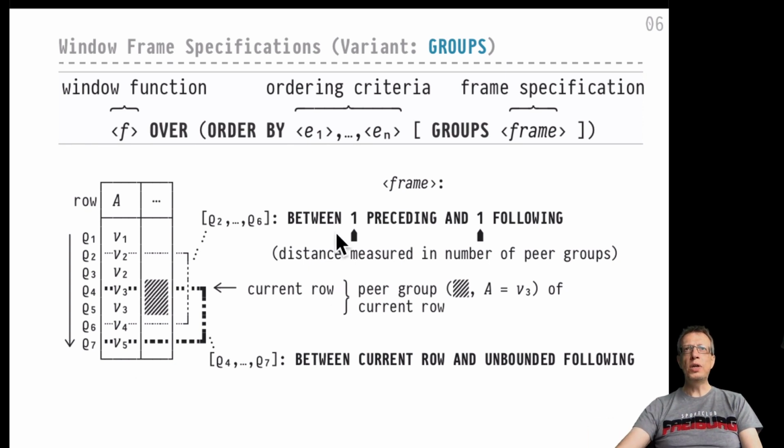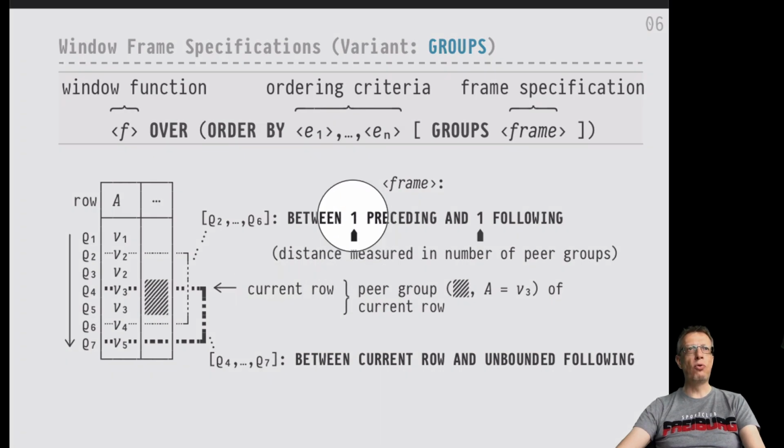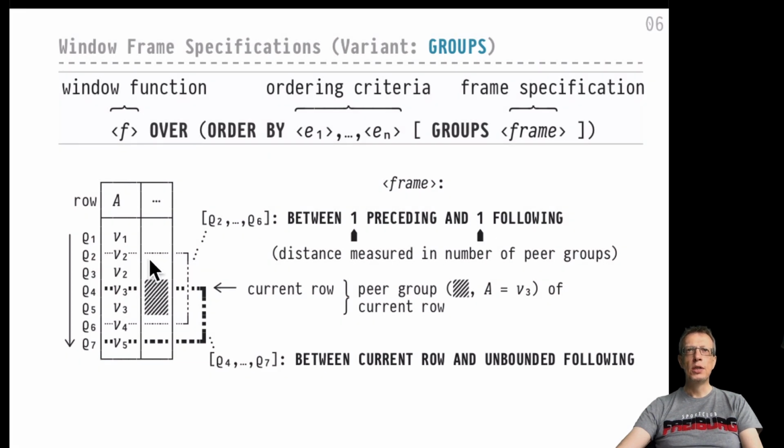So between one preceding and one following concerning this current row would consider the one group before our current row and the one group after our current row. This group before the current row would be included in this frame. This would be the group after the current row. It would be included in the frame. So the entire frame is what we've seen specified here.